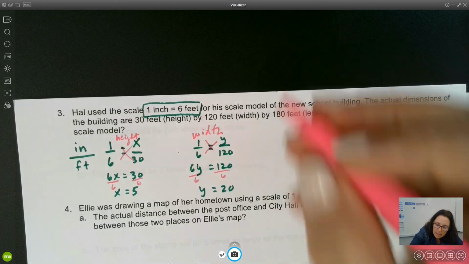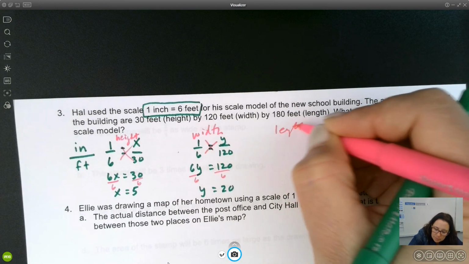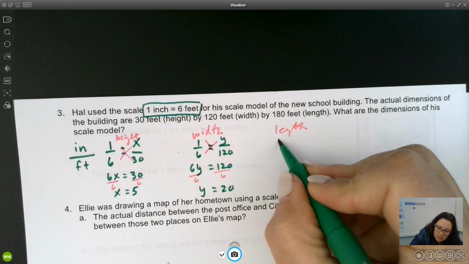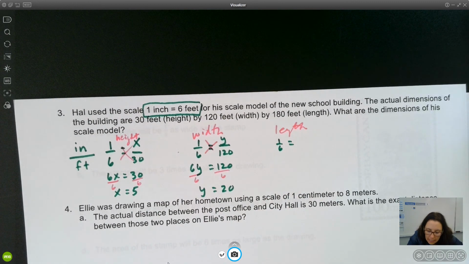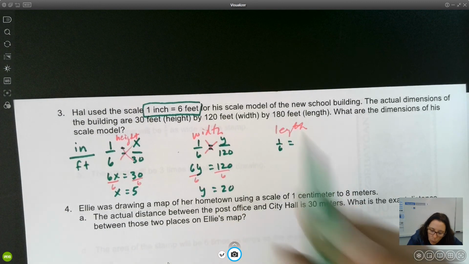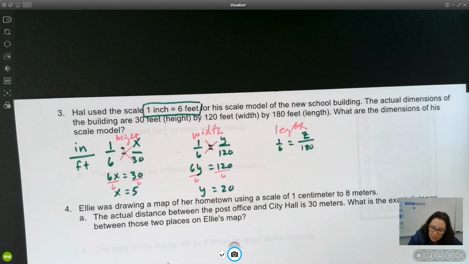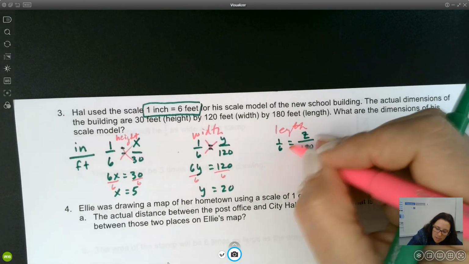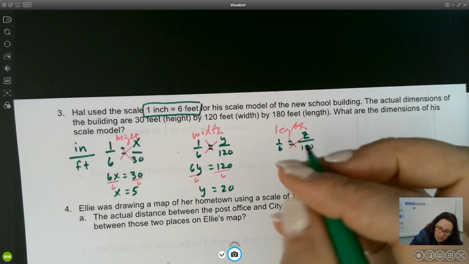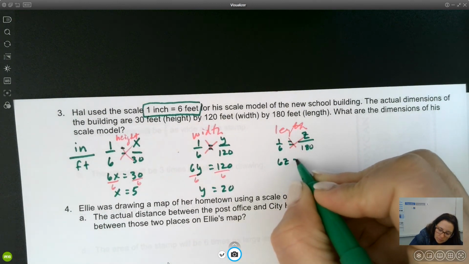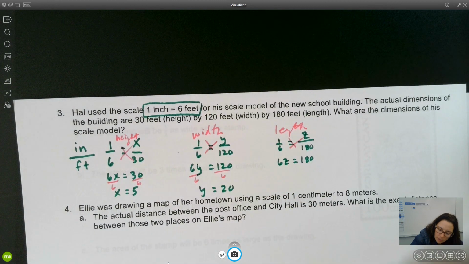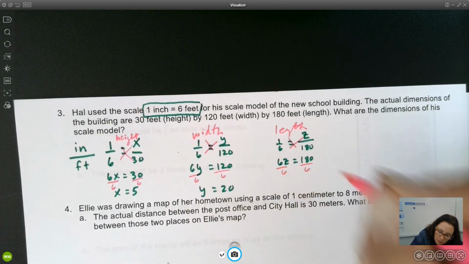Okay, let's look at the length now. I still use my 1/6. And this time for the length, I've got 180 to convert here, and I'm going to use a z. So I've got 6z equals 180. Divide by 6.